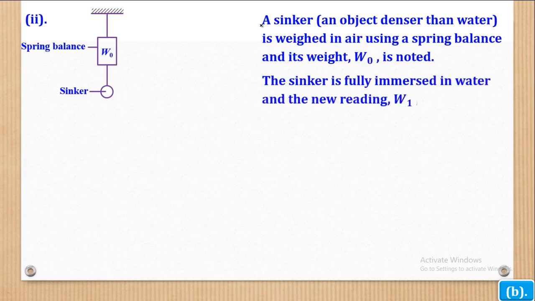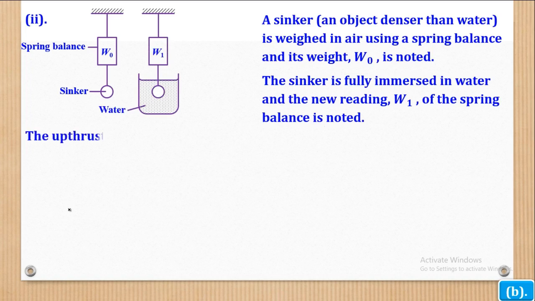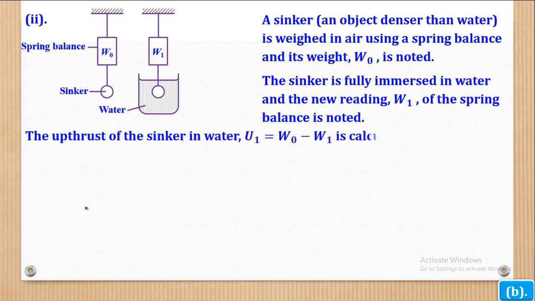After that, we shall say that the sinker is fully immersed, note this word, fully immersed in water, and the new reading W1 of the spring balance is noted. So you can illustrate it like that. Now after measuring W1, the next thing is to get the upthrust of the sinker in water.